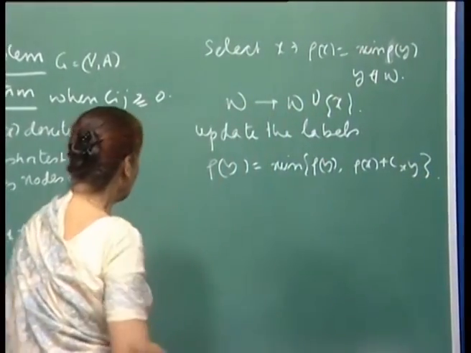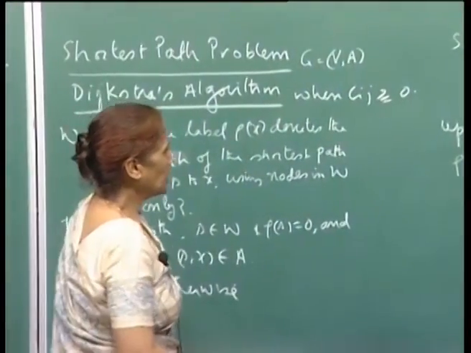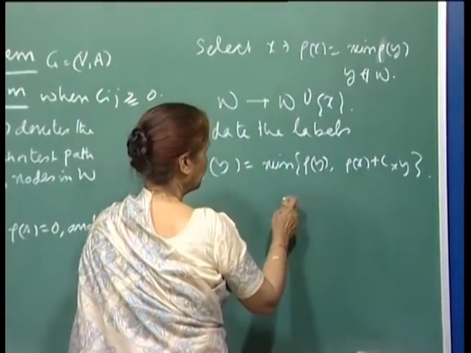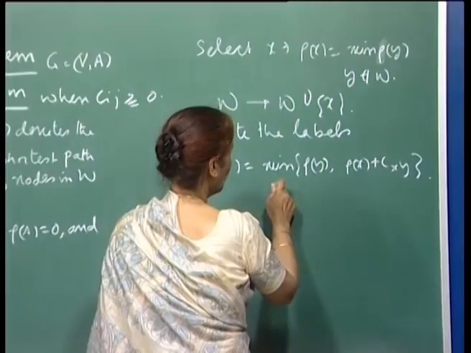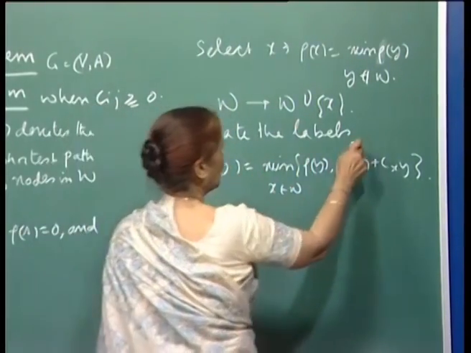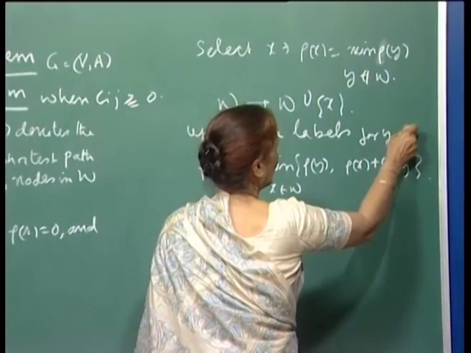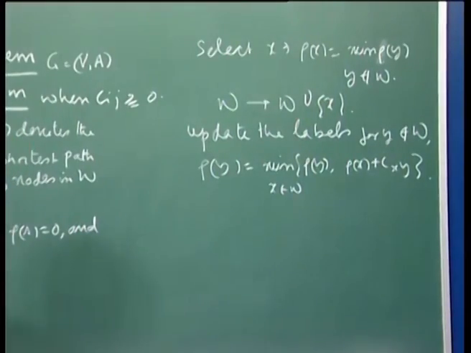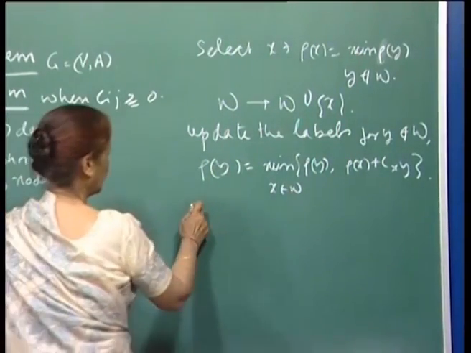So, you update the labels for y not belonging to W, for all x belonging to W. Then you continue with the algorithm.